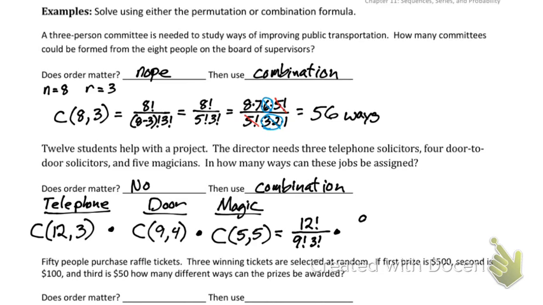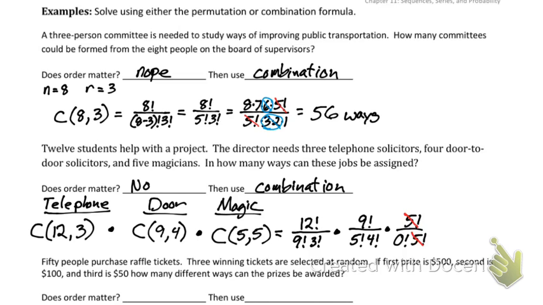Well, if we have 9 and 4, we're going to have 9 factorial on top. 9 minus 4 is going to be 5 factorial down here. My r value is 4, so it would be 5 factorial times 4 factorial. Finally, we're going to have 5 factorial over 5 minus 5, which is 0 factorial, which actually equals 1, times our r value, which is 5 factorial. And we'll see right away those 5 factorials cancel out, and we're just left with 1.